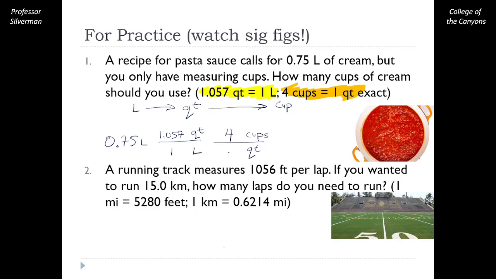Exactly 4 cups are in every 1 quart. We can plug this into the calculator and get our final answer. There we go. We get about 3.2 cups of cream in our pasta sauce recipe. Amazing. This is a really useful technique for converting units, and this is good for real life situations as well.